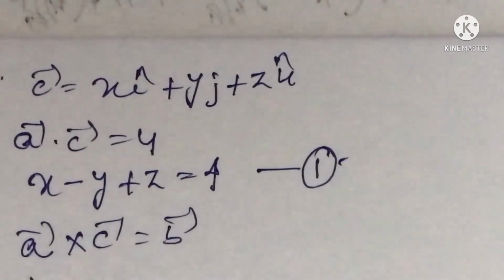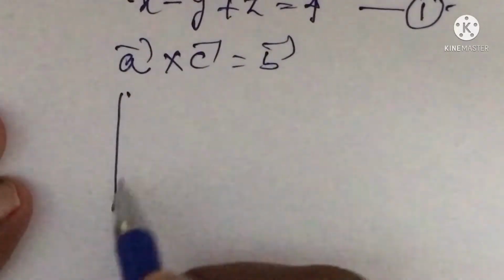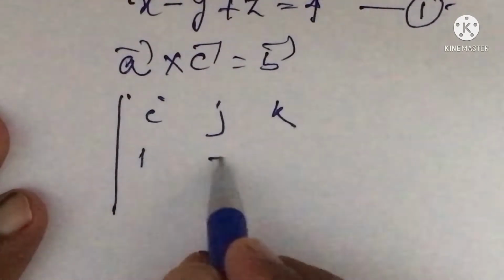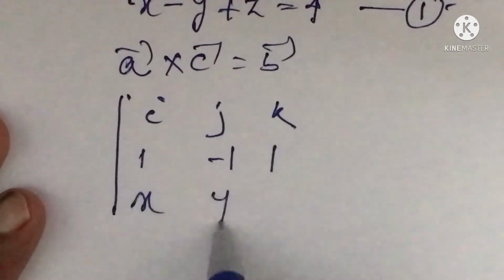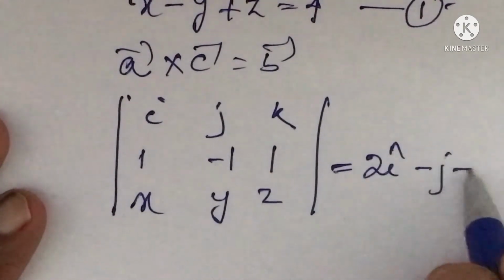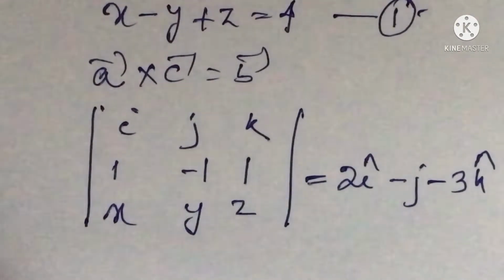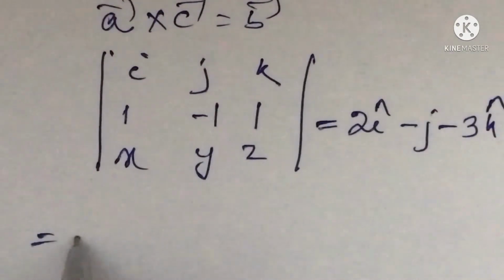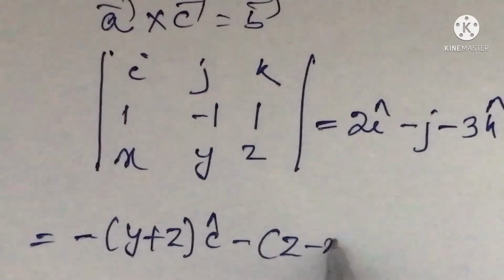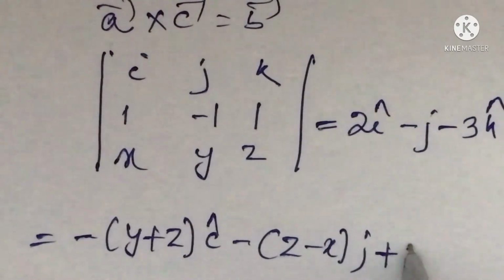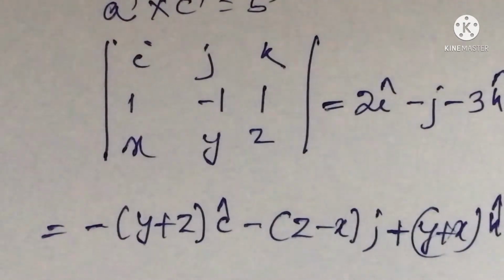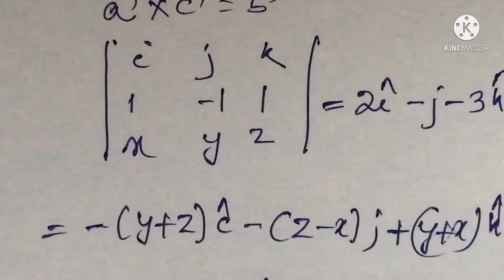Now to evaluate the value of A cross C by using the determinant, we get i, j, k, 1, minus 1, 1, x, y, z is equal to 2i minus j minus 3k. The value of the determinant is minus (y plus z) i minus (z minus x) j plus (y plus x) k, which is equal to 2i minus j minus 3k.